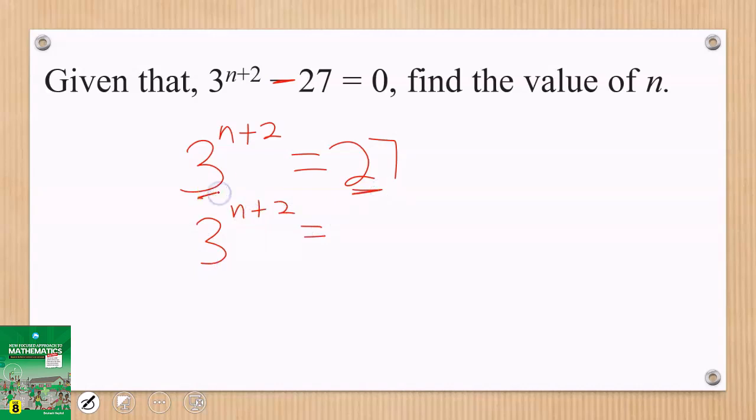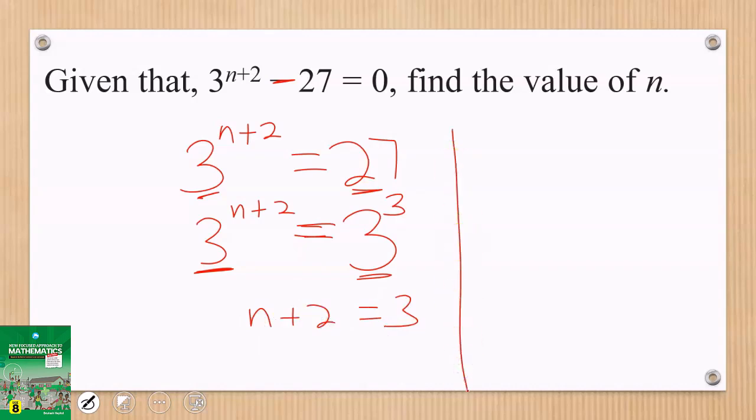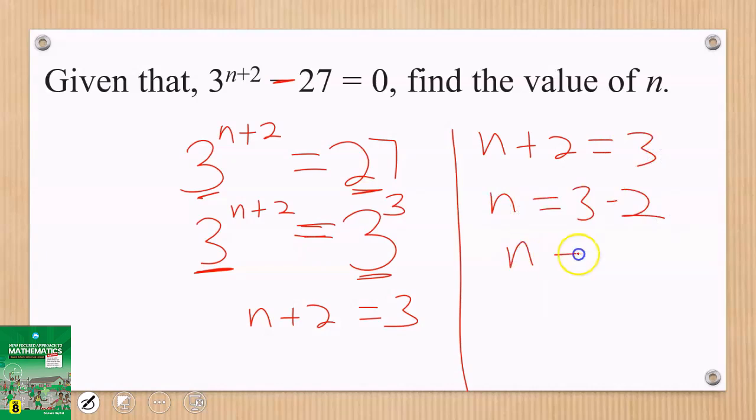Since I have base 3 here, let me write 3 to the power something that will give me the same as 27, and that is 3 cubed. Now I can see that the bases are the same, with an equal sign between them. So I can say n plus 2 is equal to 3 by equating the exponents. Making n the subject, we have 3 minus 2, then n is equal to 1. So for this question, n is equal to 1.